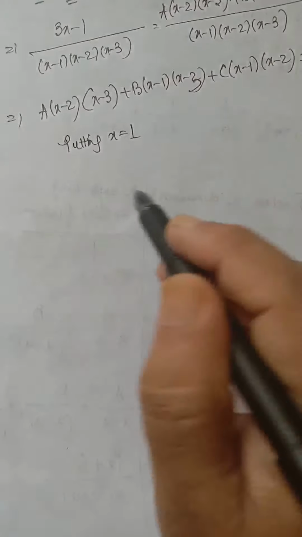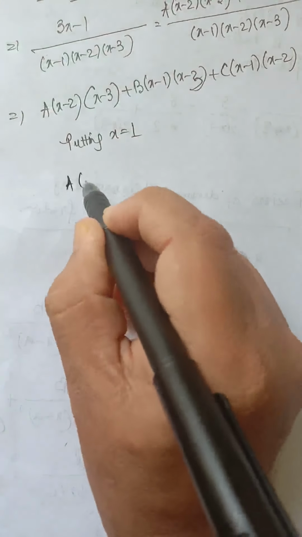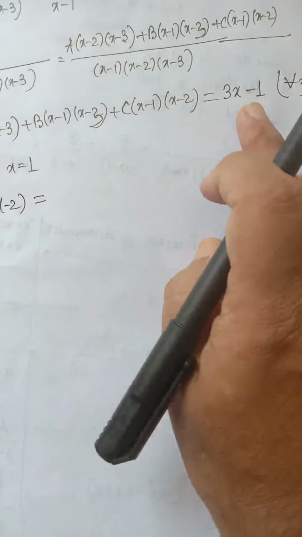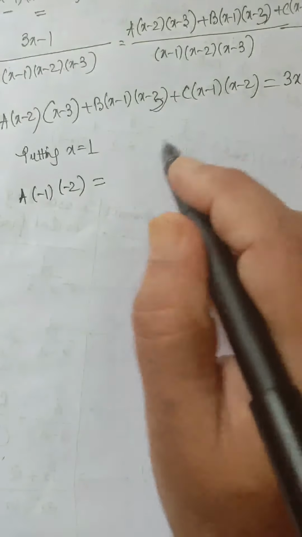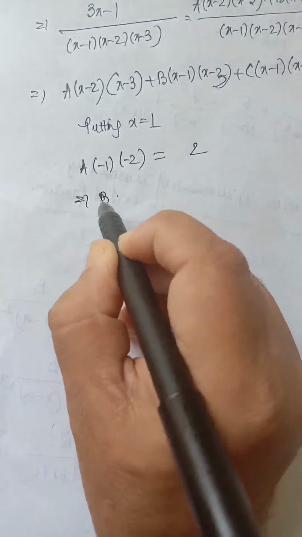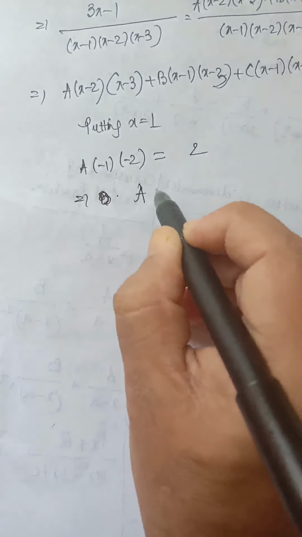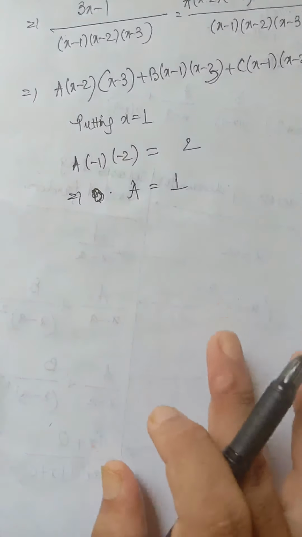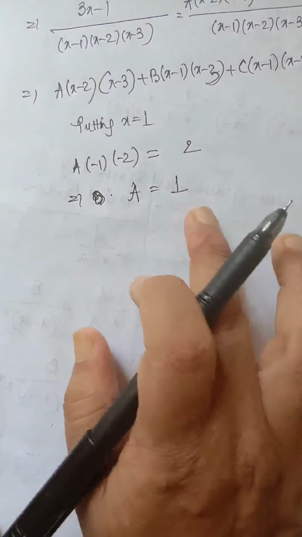So if we put x equal to 1, this will be A into 1 minus 2 into 1 minus 3, which is 2A, equal to the right hand side, 3 into 1 minus 1, so 2. So A is equal to 1. One by one we have to find A, B, C. First we get A equal to 1.